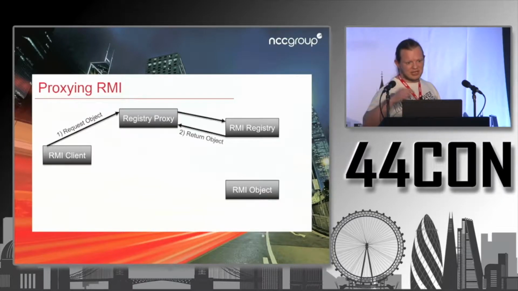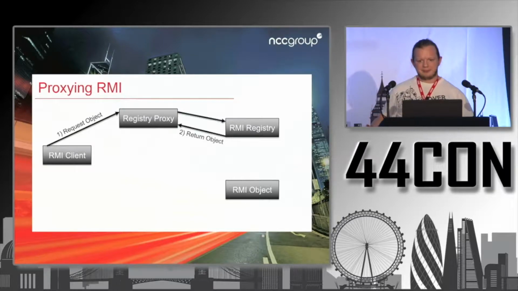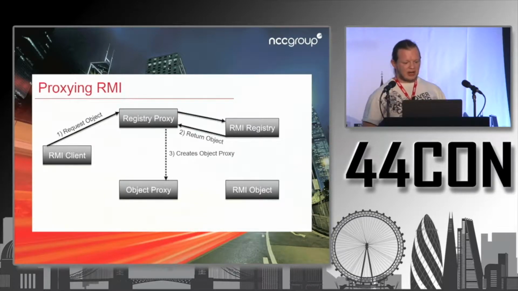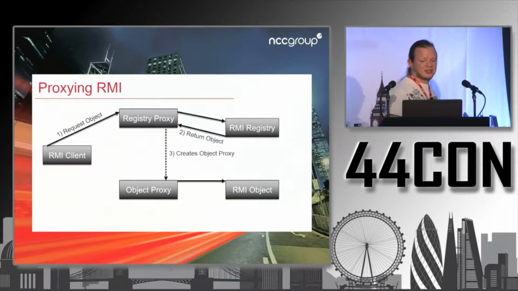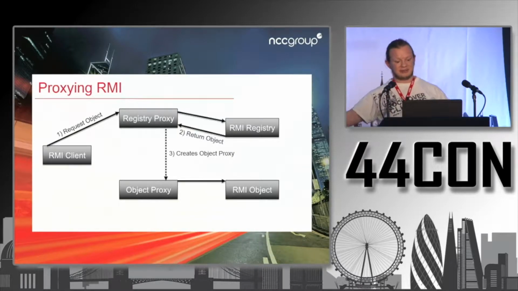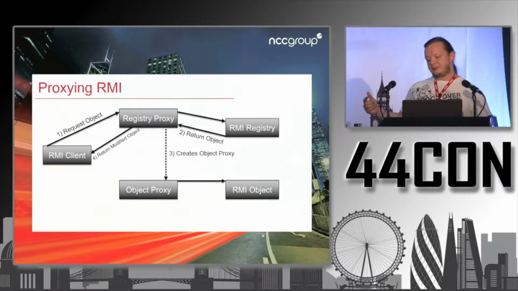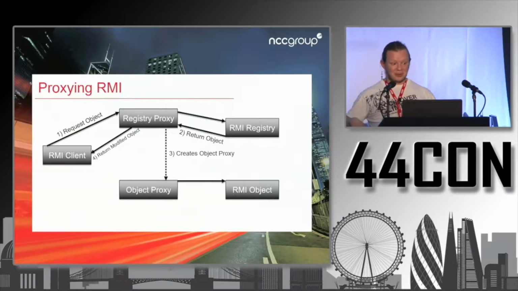At that point, we intercept the object, we decode the contents of the packet, and we start up an object proxy. We configure this object proxy to connect to the real RMI object. We then modify the packet that came back from the registry before we send it back to the RMI client, and the modified packet points at the object proxy on localhost on whatever port that's on.